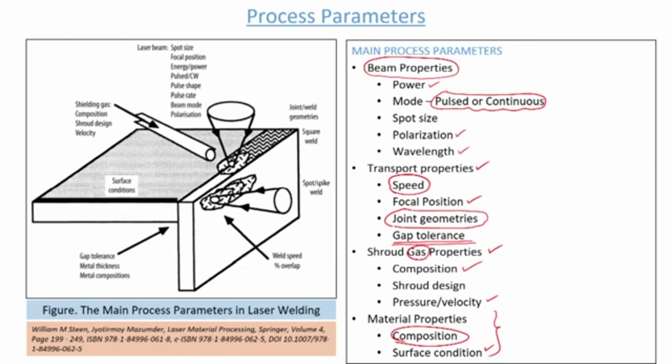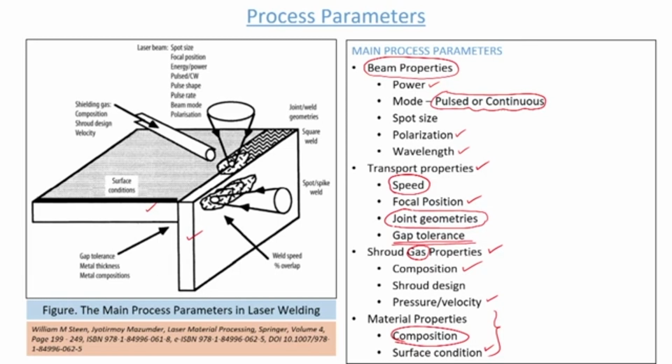All these process parameters can be summarized in a graphical way. On the left side of the screen you can see the variety of parameters associated with laser and the laser welding process. Here we have taken two workpieces, workpiece number 1 and workpiece number 2, and we are going for the edge joint.